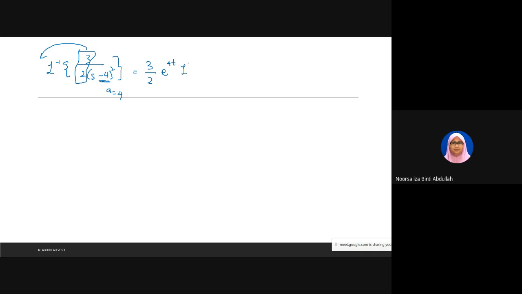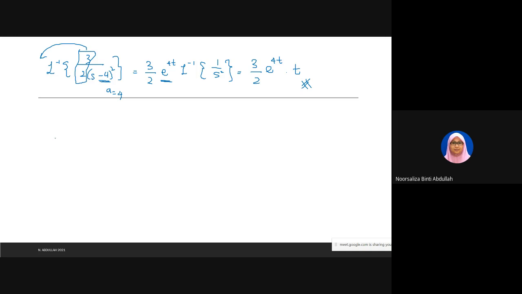Then you just find the inverse of 1 over S squared. Then you have 3 over 2 exponent 4t. The inverse of 1 over S squared is actually t. So this is your answer.